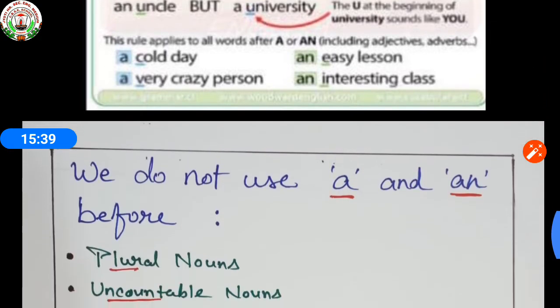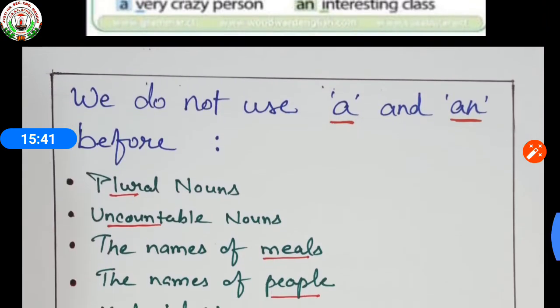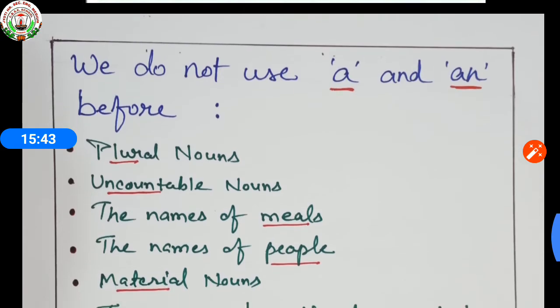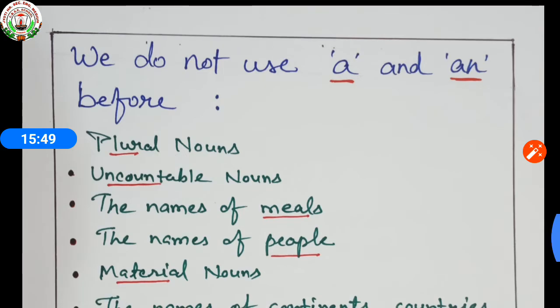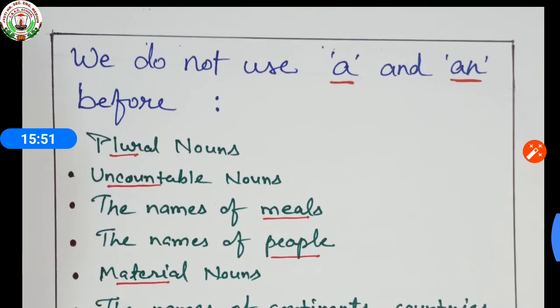But always remember that we do not use a and an before plural nouns. We do not use a and an before uncountable nouns.